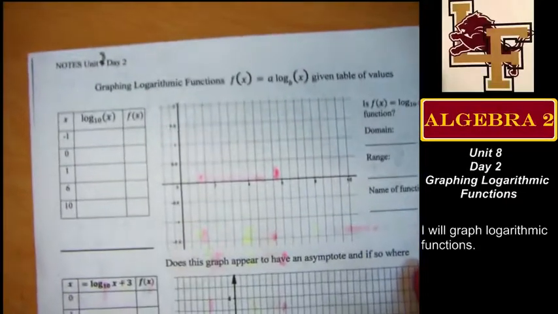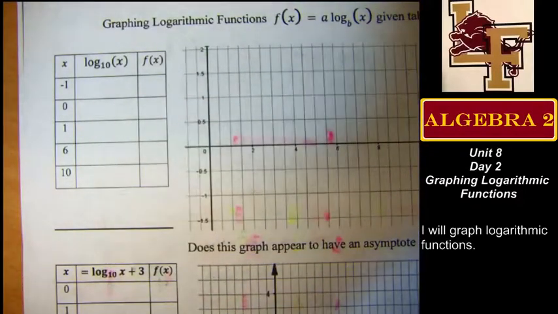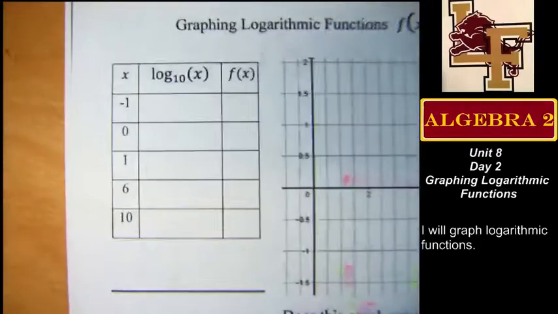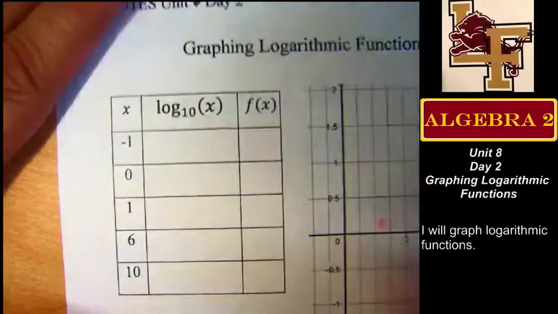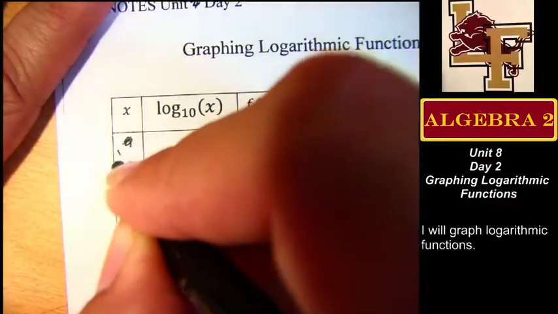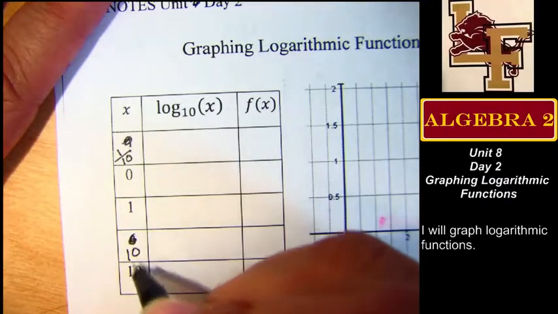Because now that we can do all that, we can graph. I do need to edit some typos on this table of values. Change this to 1 over 10. Change this to 10.